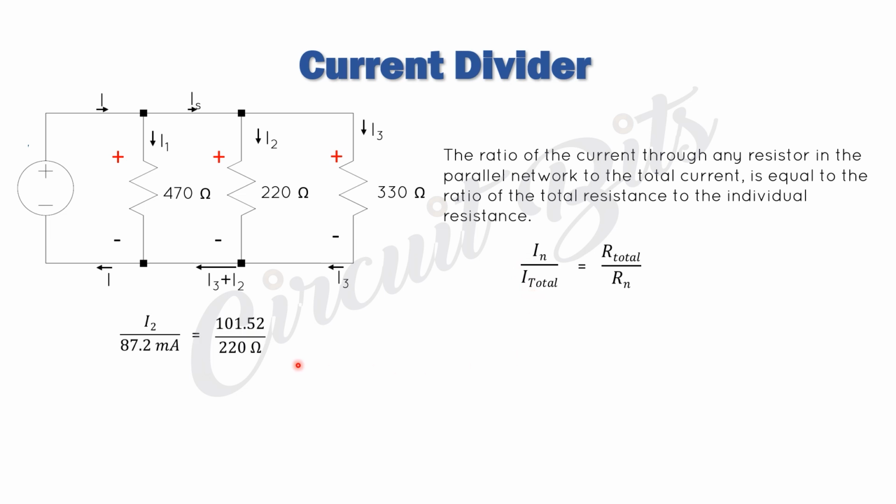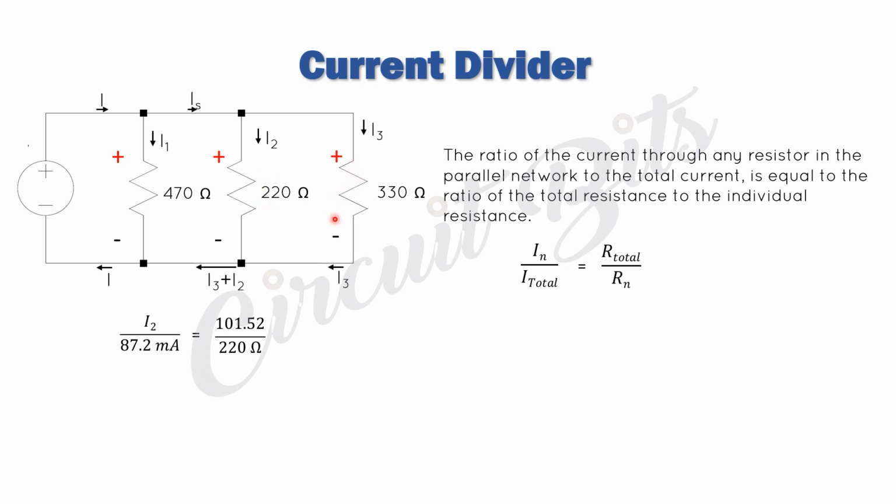An example is, if we take I2 as the resistor we are trying to consider, we divide it by the total current in this circuit, and we have seen that we have 87.2 milliamps flowing through this circuit, total current I. If we equate that to the effective resistance of the network, which we found as 101.52, of course we can find the effective resistance: 1 over effective resistance is equal to 1 over 470 plus 1 over 220 plus 1 over 330.